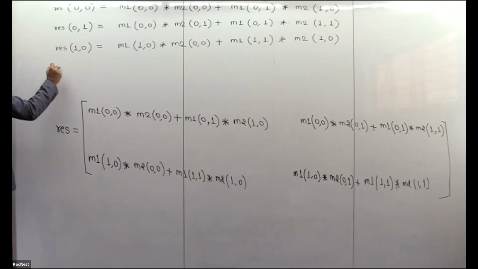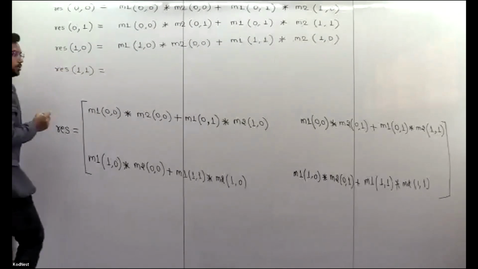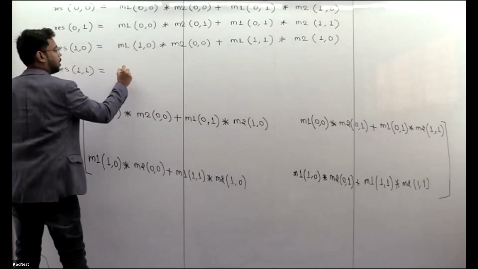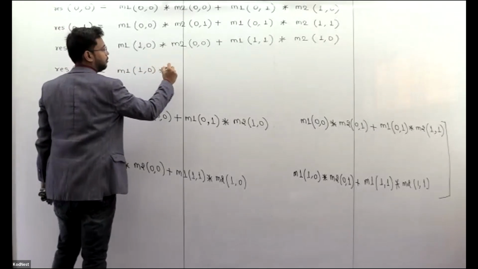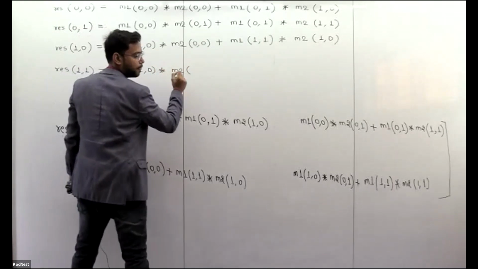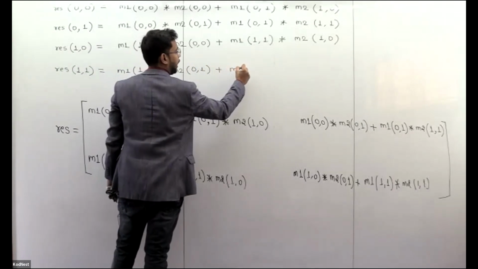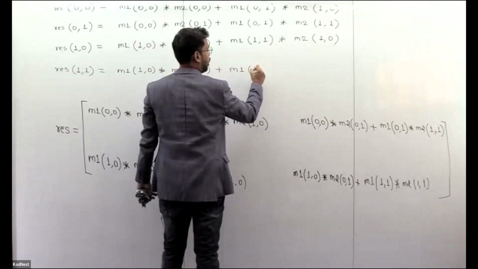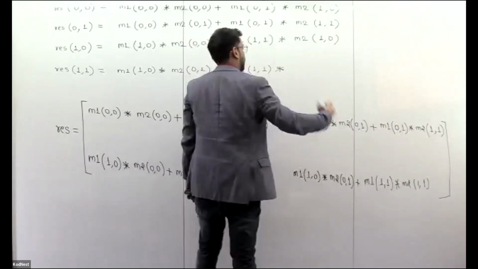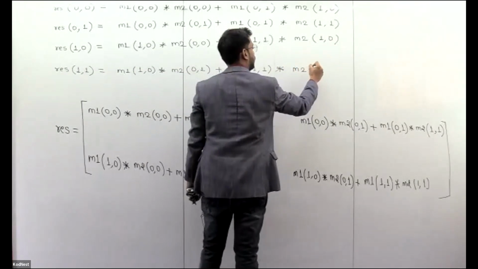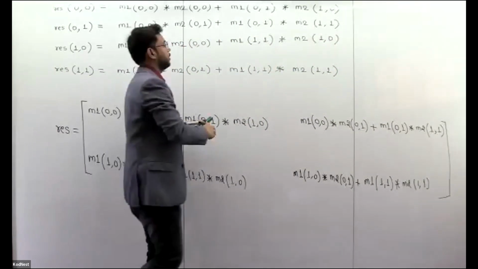So here this is result 1,1 is equal to M1 1,0 multiplied with M2 0,1 plus M1 1,1 multiplied with M2 1,1.